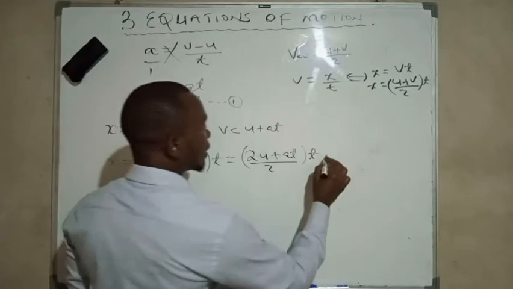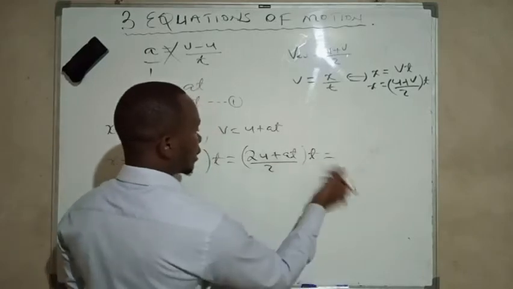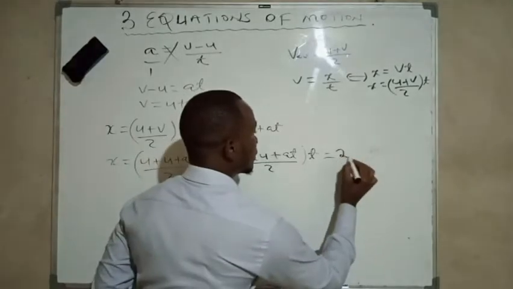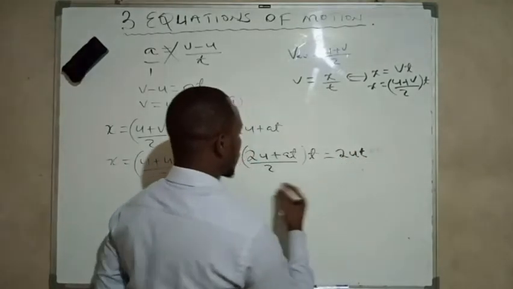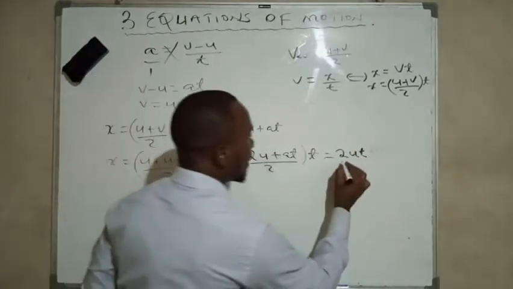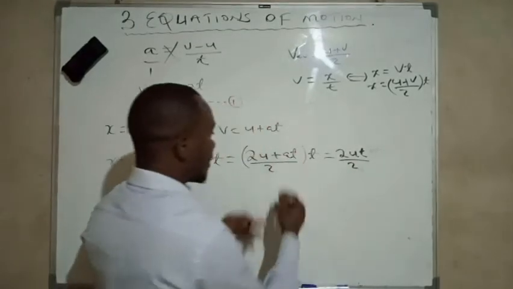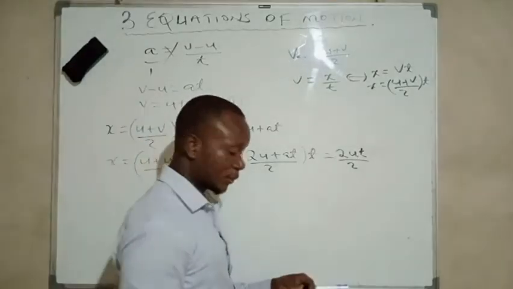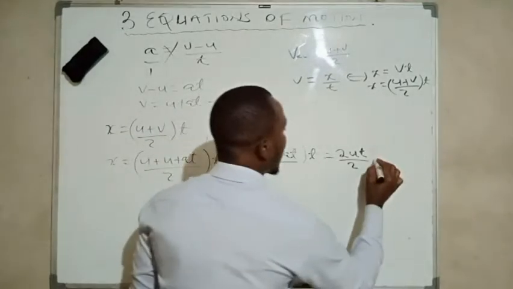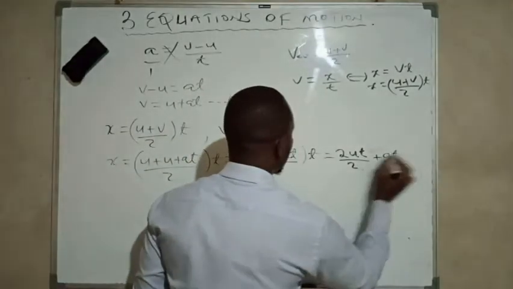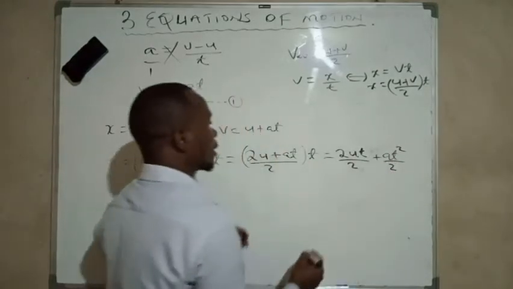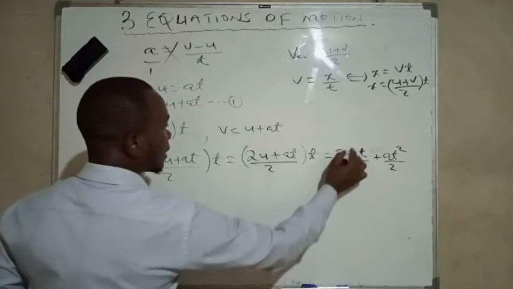So when we distribute t throughout, what we're going to have is 2ut over 2. Since we have 2 here, we can even separate since this and this have a common denominator, plus at times t, at squared over 2. From this, we can see that this and this can cancel.